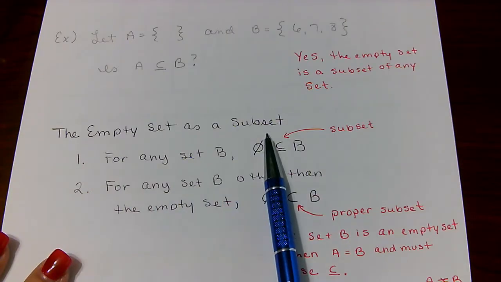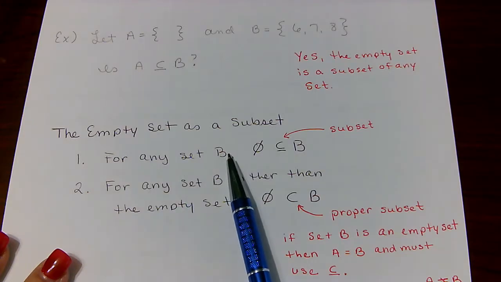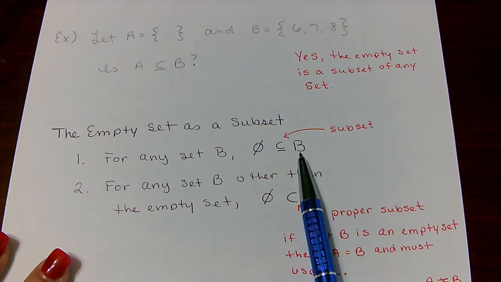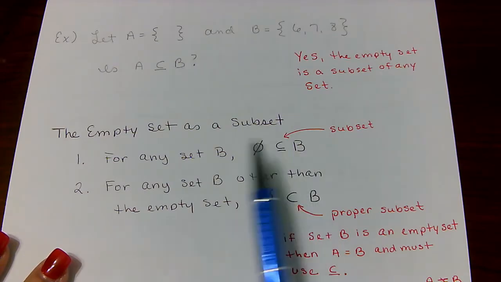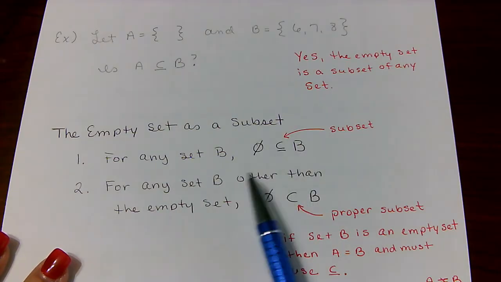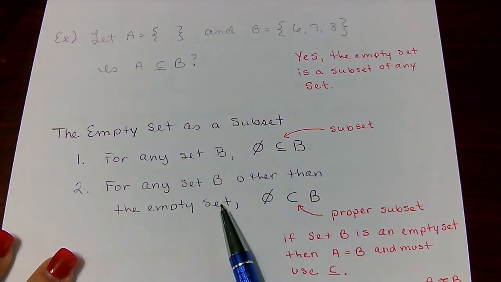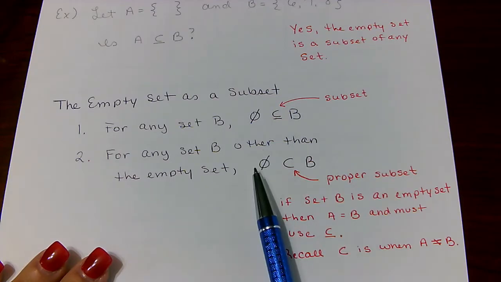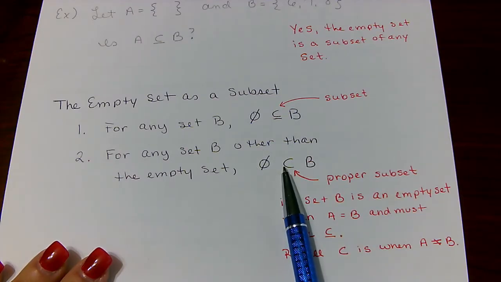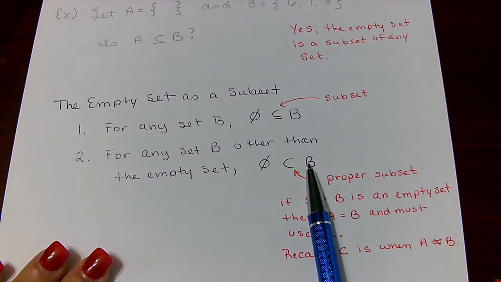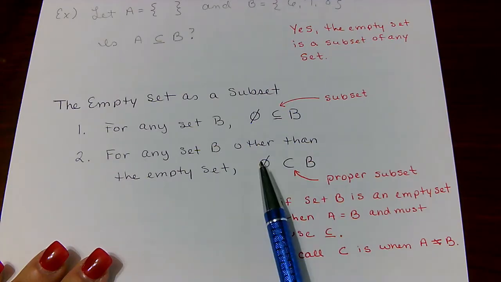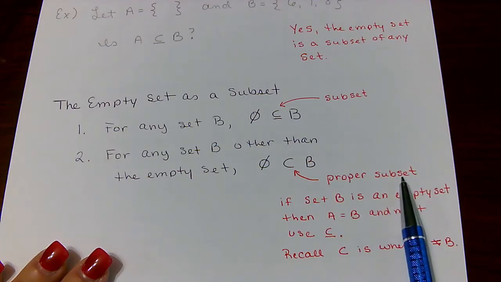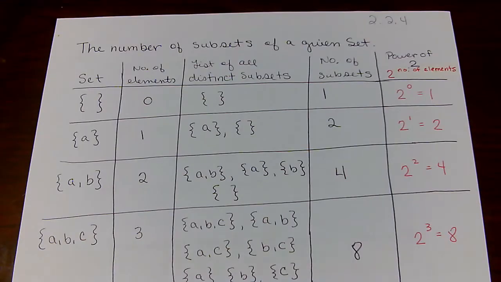For any set B, an empty set is a subset of that set B. For any set B other than the empty set, it is a proper subset. Remember, as long as these two are not equal, it is considered a proper subset.